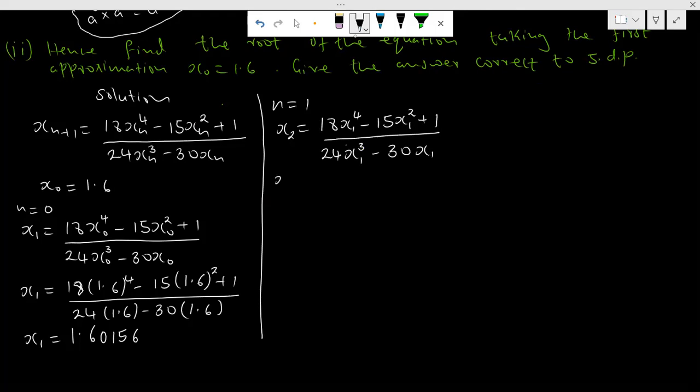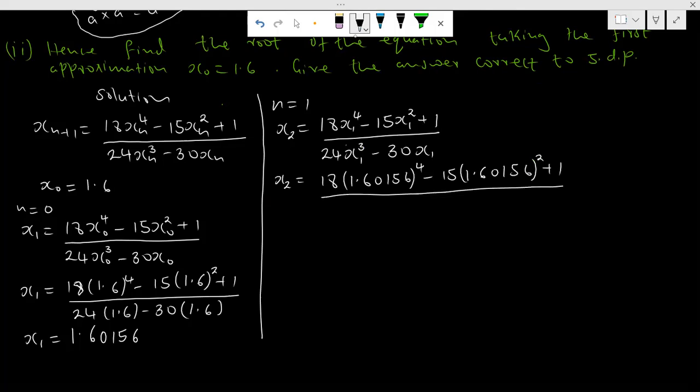Here we have x2 equal to 18 into 1.60156 raised to the power 4 minus 15 into 1.60156 squared plus 1, and all this over 24 into 1.60156 cubed minus 30 into 1.60156.